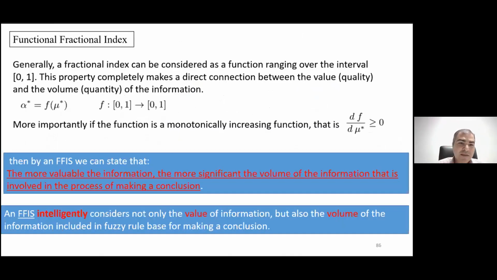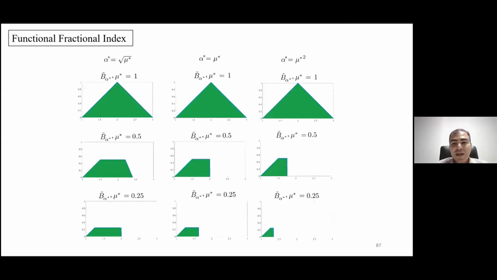And as I mentioned before, the fractional indices can be in the form of a function of the truth degrees, and they are called functional fractional indices. This slide shows some functional fractional indices.